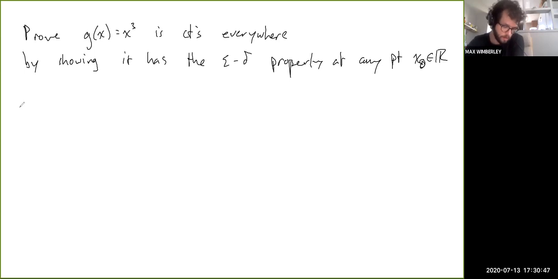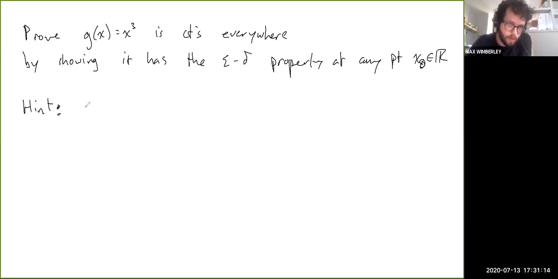I'll give you some hints here because the algebra is a little bit messy, but with the hints, it shouldn't be that bad if you replicate what we did in the example with 2x squared plus 1. The book gives a hint, and I'll elaborate on it a little bit.